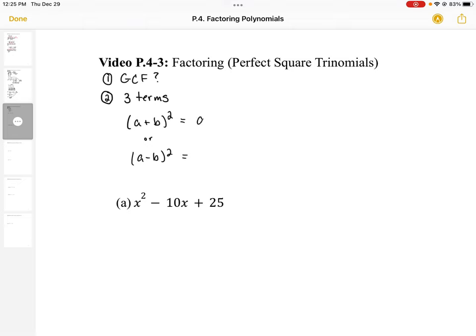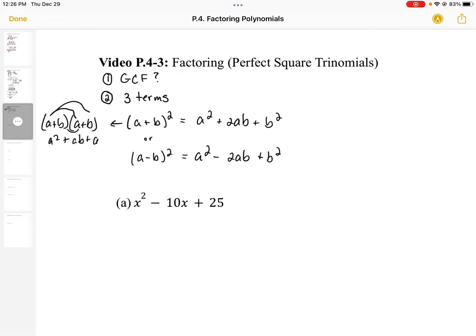Before it's factored, it would look as a squared plus 2 times ab plus b squared, or in the case of the difference, a squared minus 2ab plus b squared. Okay, and you could verify this if you took a plus b times a plus b and you distributed all of this out.